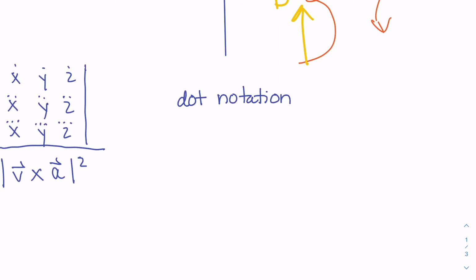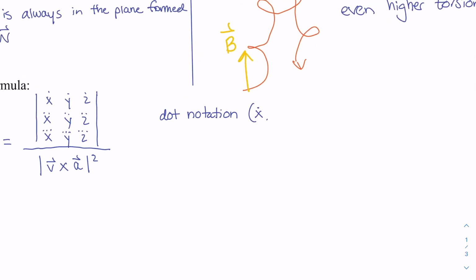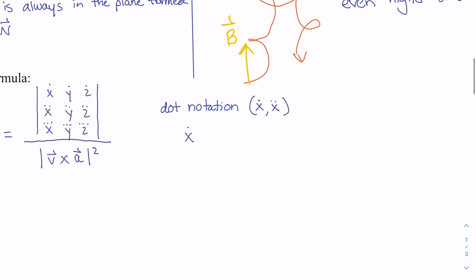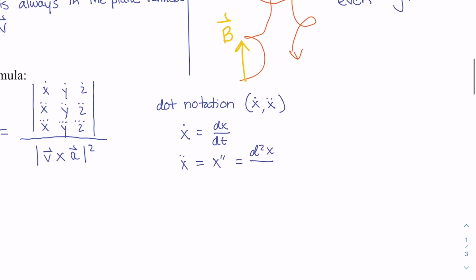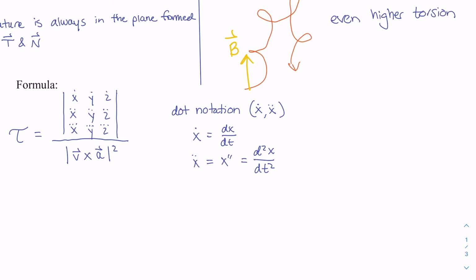And this dot notation, which we give as x dot or x double dot, for example, just means the first derivative or the second derivative. So x dot is equal to the first derivative of x with respect to t. X double dot is the same thing as x double prime, which would be d squared x over d t squared. So that's just a condensed derivative notation. And these x, y, and z components are the x, y, and z components of your curve.